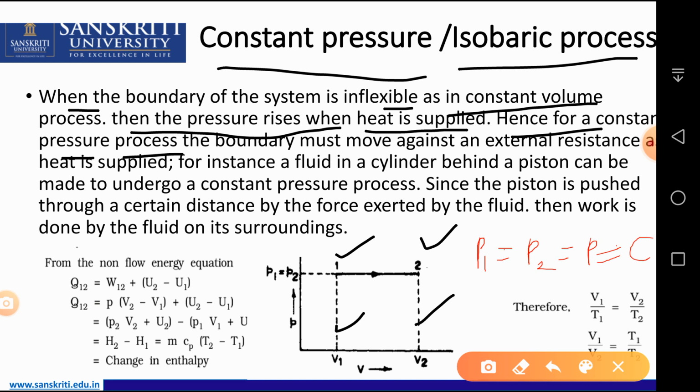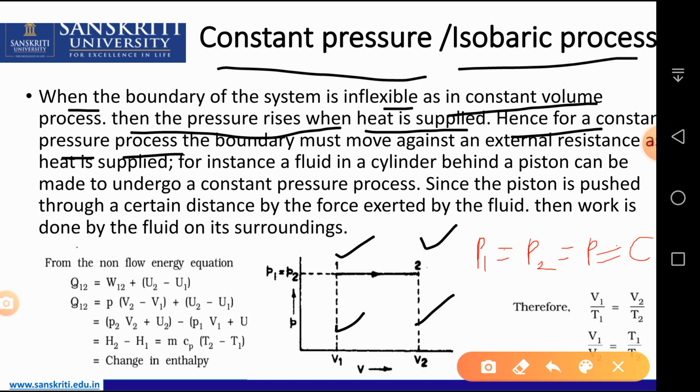For instance, a fluid in a cylinder behind a piston can be made to undergo a constant pressure process. Since the piston is pushed through a certain distance by the force exerted by the fluid, work is done by the fluid on its surroundings.